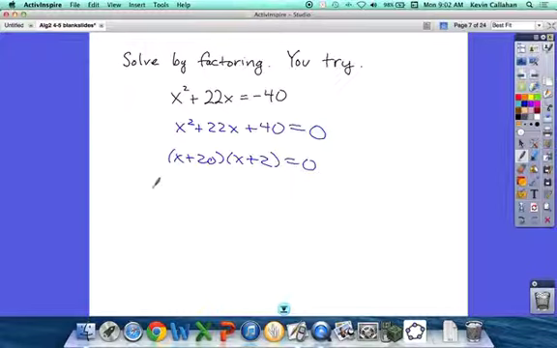Okay, you could set it up: x plus 20 equals 0, so x equals negative 20. Or just say it, negative 2. Get it? Okay.